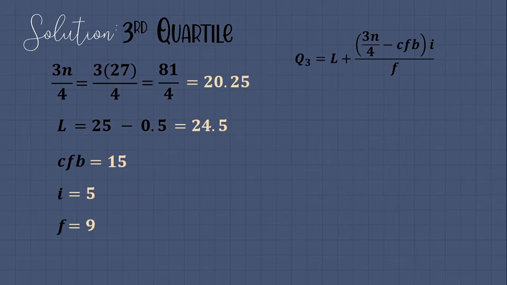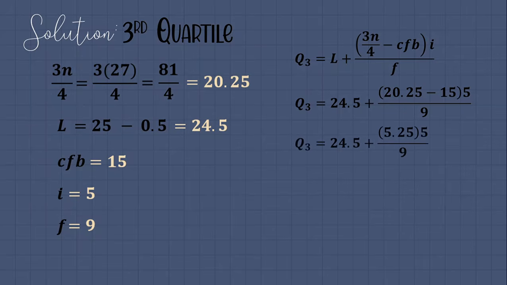Again, let's plug in the values in our given formula. We have Q sub 3 is equal to L, which is 24.5, plus 3n over 4, which is 20.25, minus CFB, which is 15, times I, which is equal to 5, all over F, which is equal to 9. Again, evaluate.